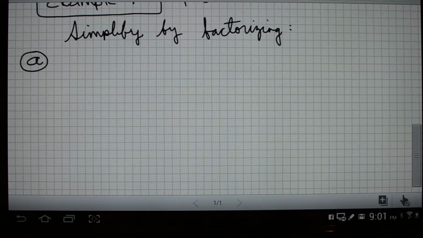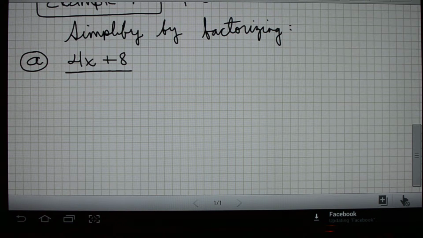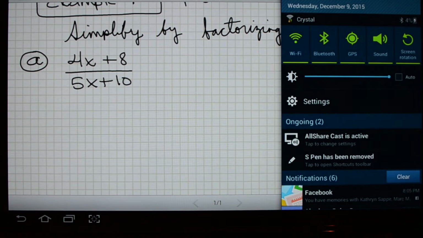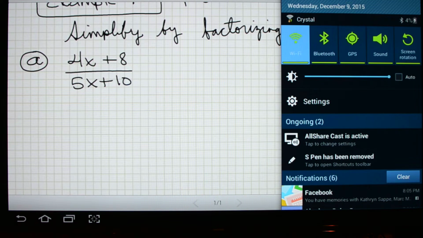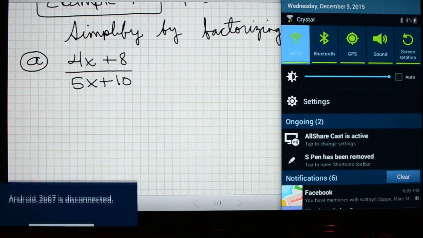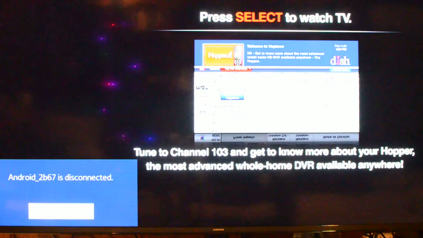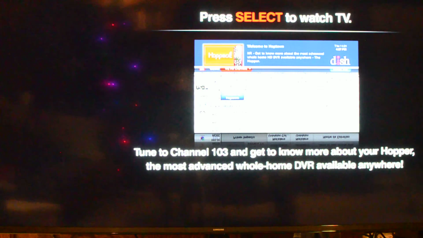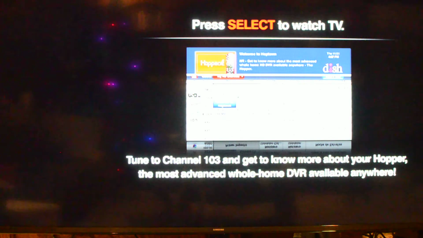Okay, so it's 4x plus 8 over 5x plus 10. My tablet is updating, so it's slowing down. I should disconnect from Wi-Fi. Then it won't update anymore. Okay, that was A. Ooh, that's not good. Ah! That's not what I meant to do. Okay, hold up.